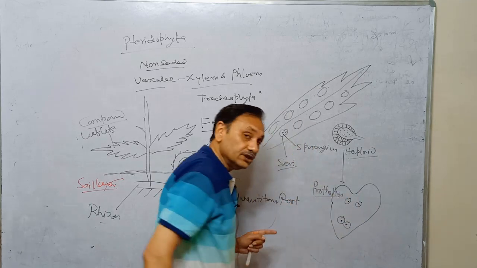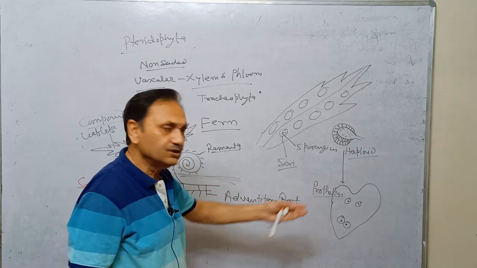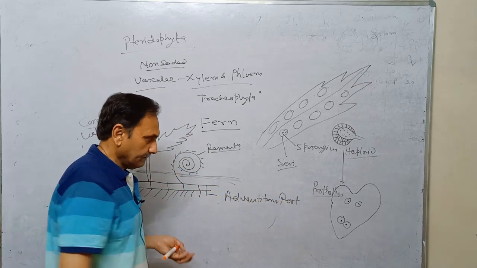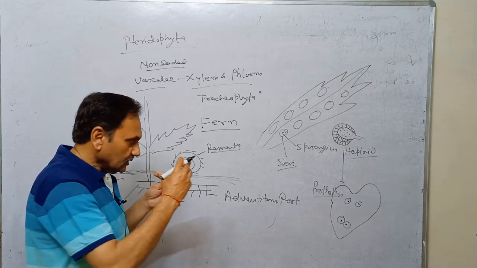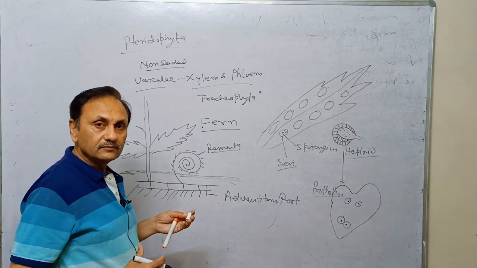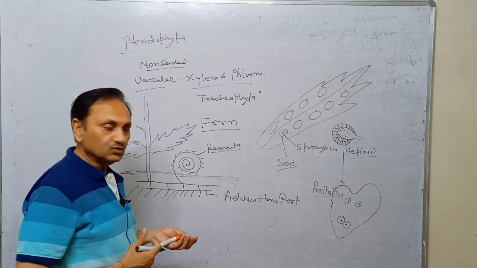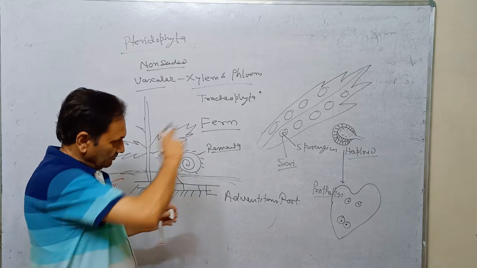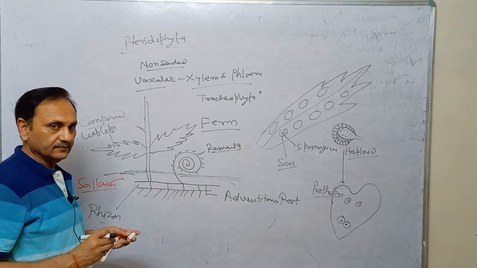It is dioecious in nature, and after maturation they release male and female gametes, and ultimately when the zygote is formed, it grows into the new plant. All these things we will discuss with the help of the proper figure.